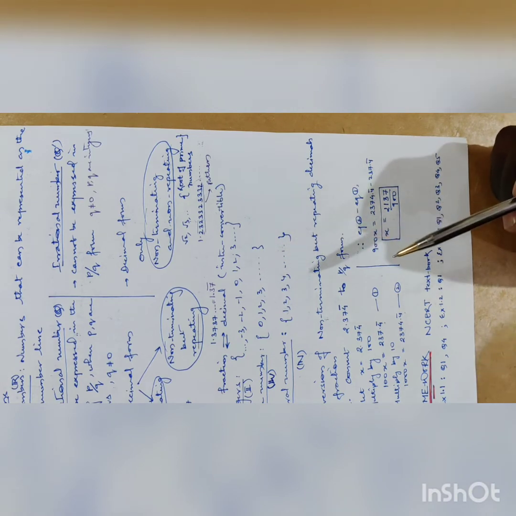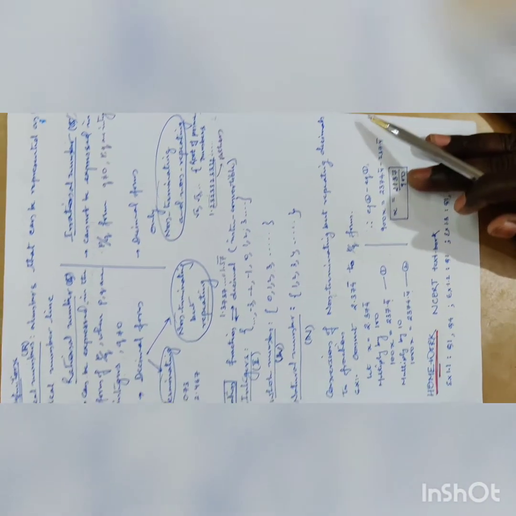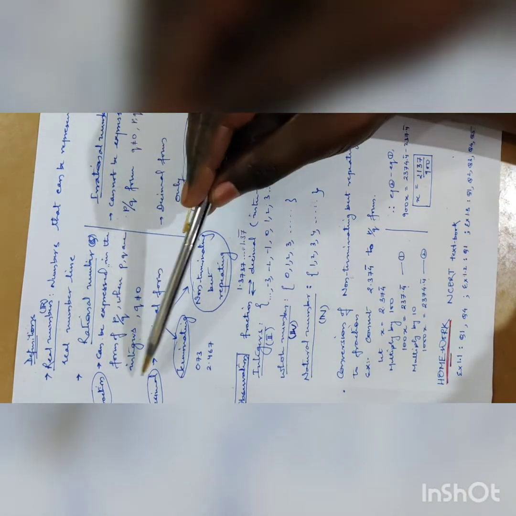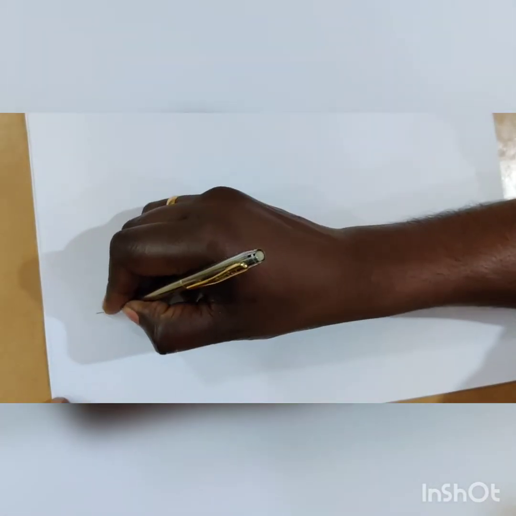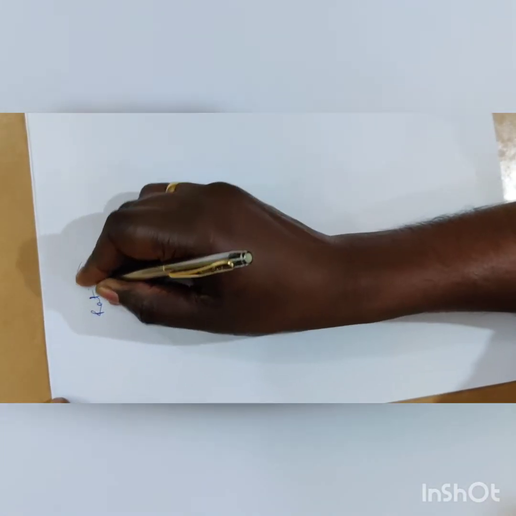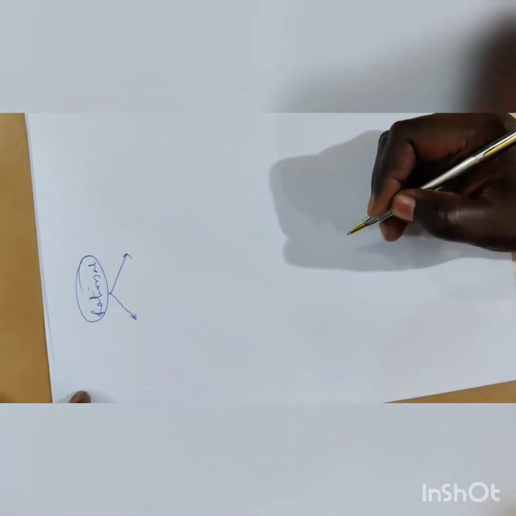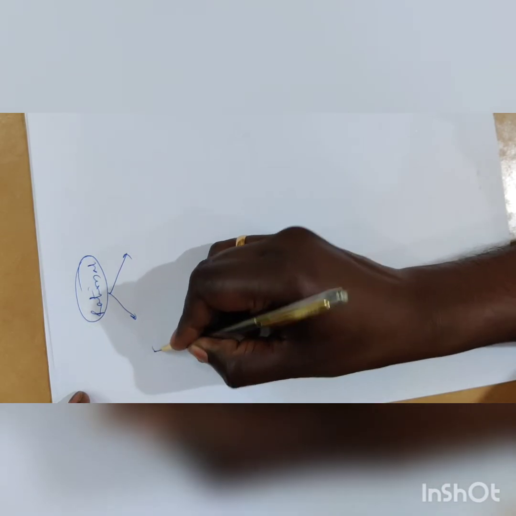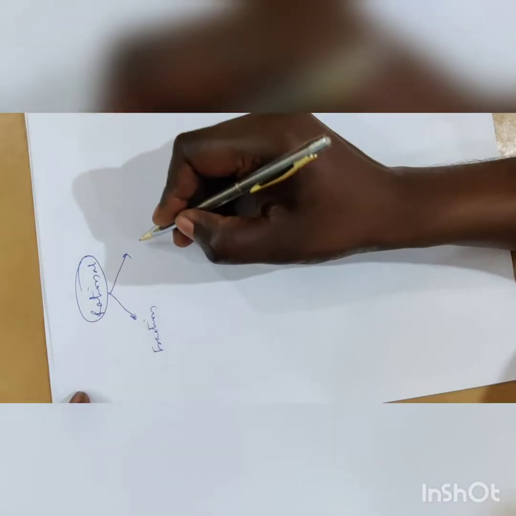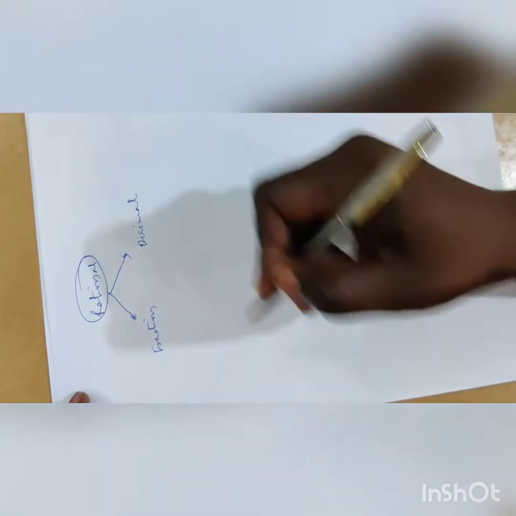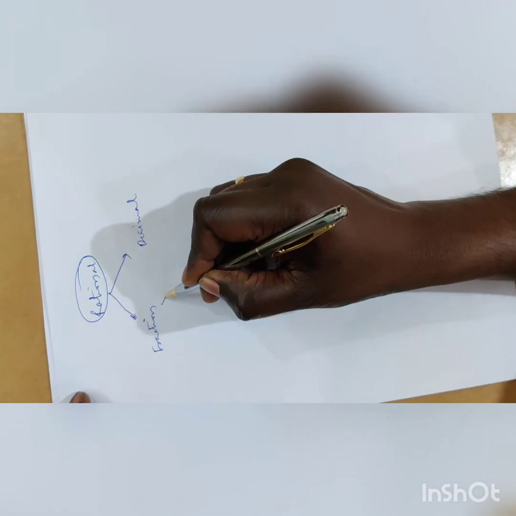One more thing that I would like to discuss: since rational numbers can be written in two forms, fraction and decimal, do you agree that they should be interconvertible?